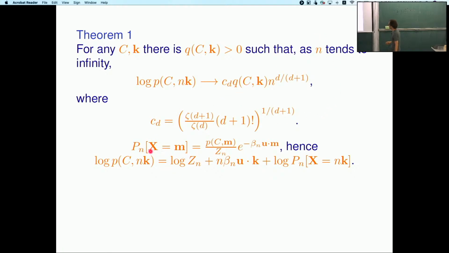I'm not going to really show the proof of this, but I'll show how the local limit result plays into it.